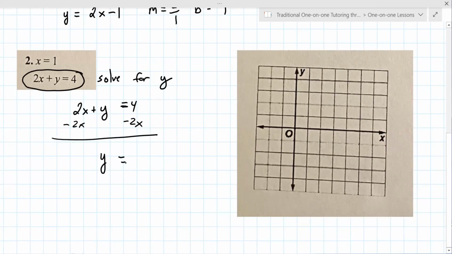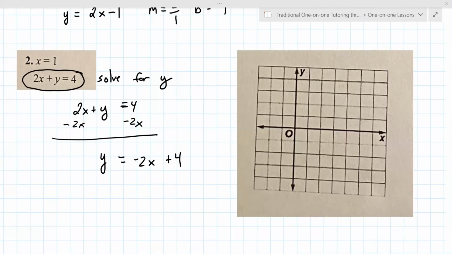So y equals negative 2x plus 4. Okay, got it down. Great.